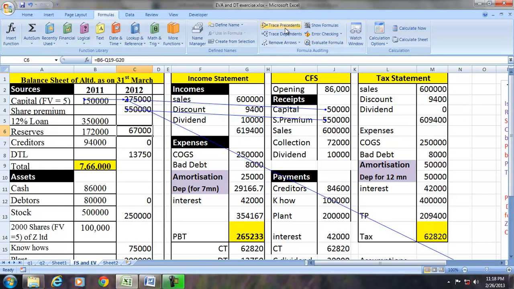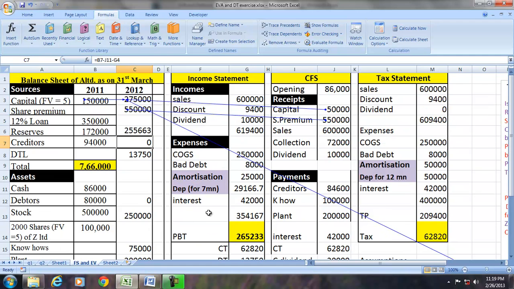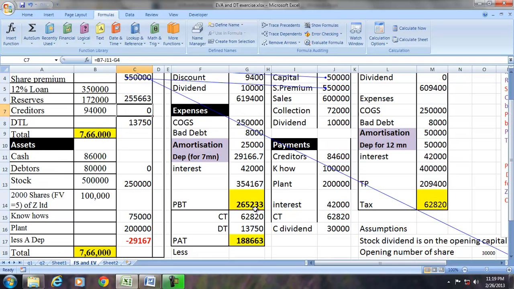So we can examine the changes in the reserves. The reserves have gone up to the extent of the current profit, but after that we have distributed dividend, stock and cash.